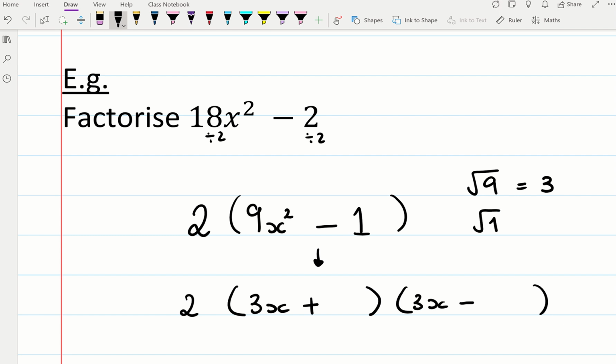And the square root of 1 is 1. So that is your final answer, 2 and 3x plus 1 and then 3x minus 1. And that is the end of this video, factorizing quadratics.